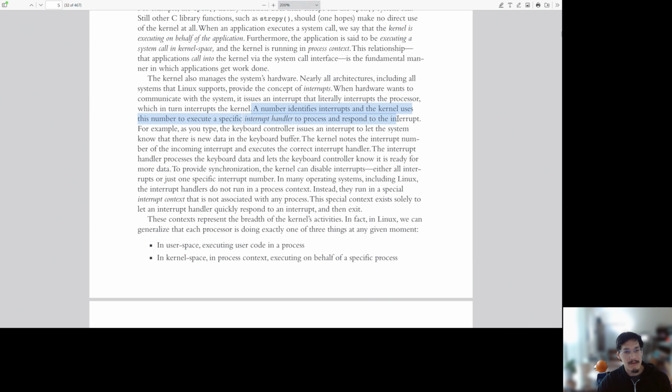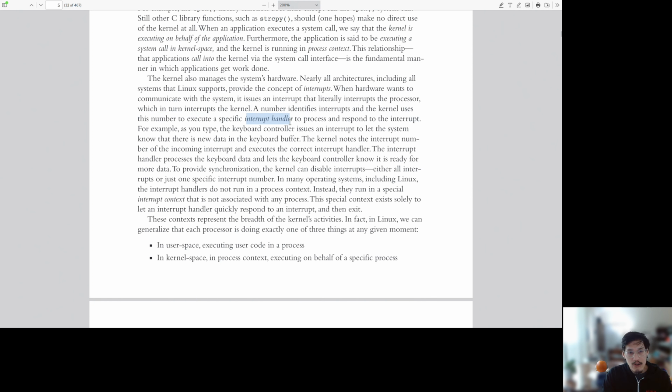So basically, an interrupt is a signal, but not just any signal, it is like a code, right? An interrupt is a specific code that tells the CPU and kernel to execute a specific function associated with this interrupt code. This specific function is called the interrupt handler.